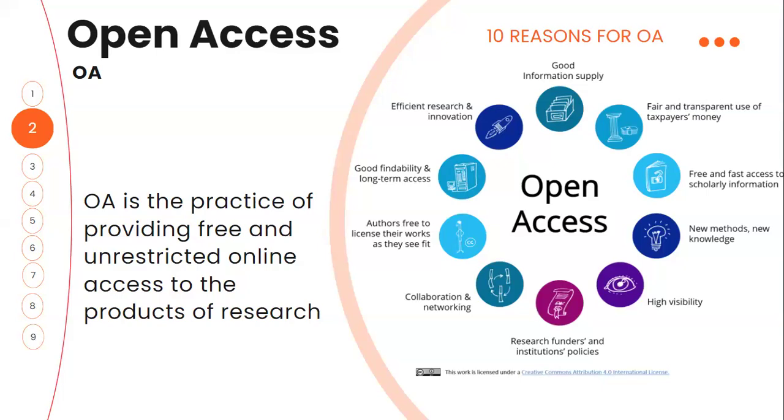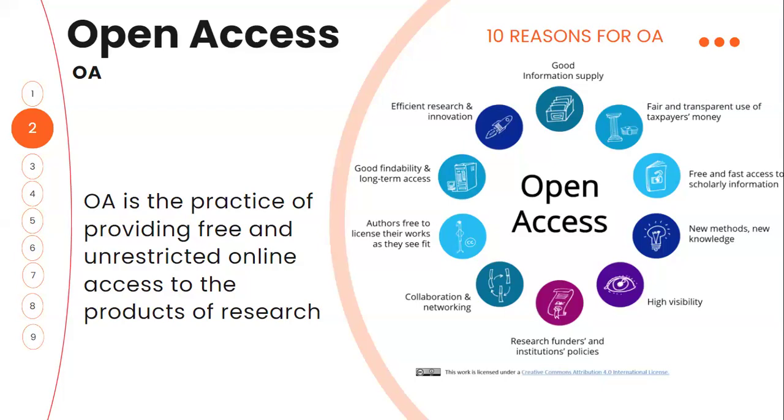You're providing free and fast access to scholarly information, and new methods and new knowledge are shareable very fast between the communities, as well as providing high visibility to the researcher who publishes openly, and the institution that publishes openly.